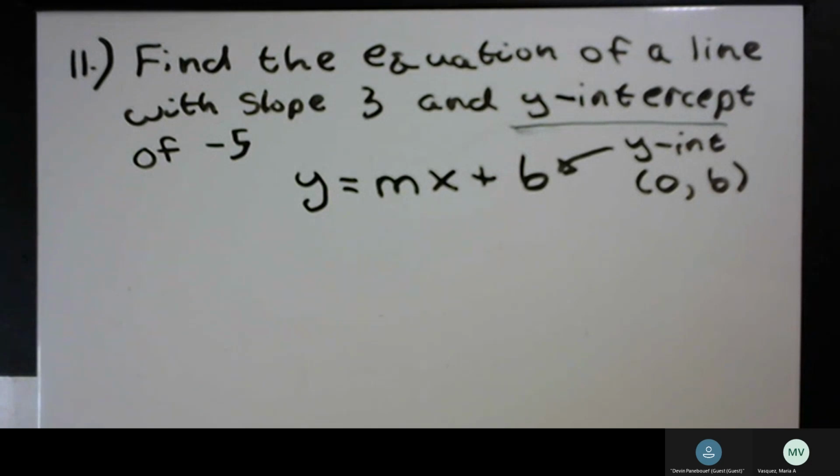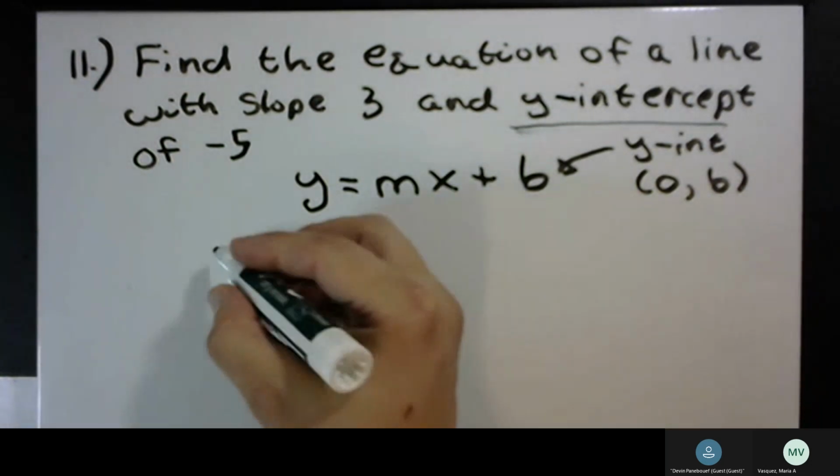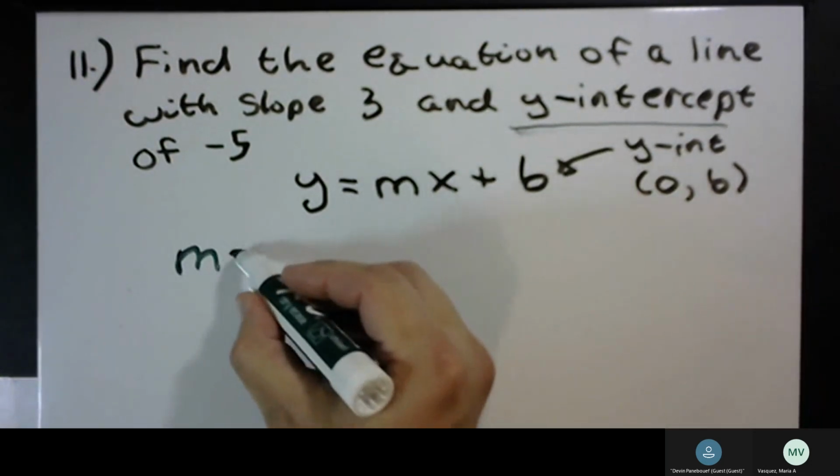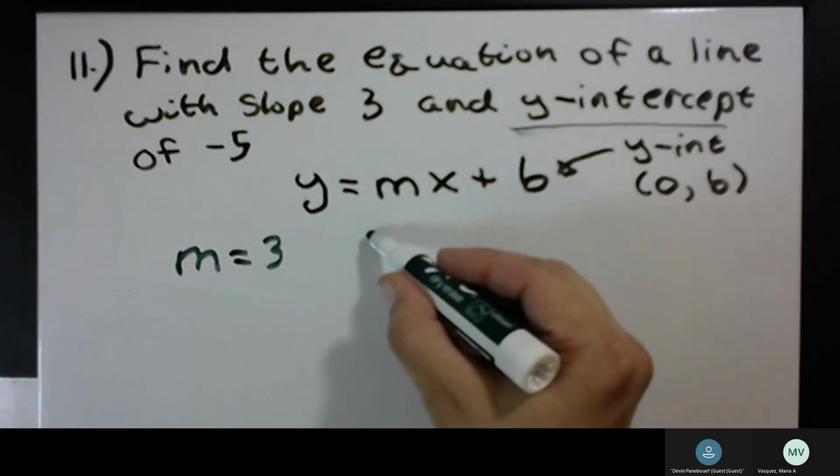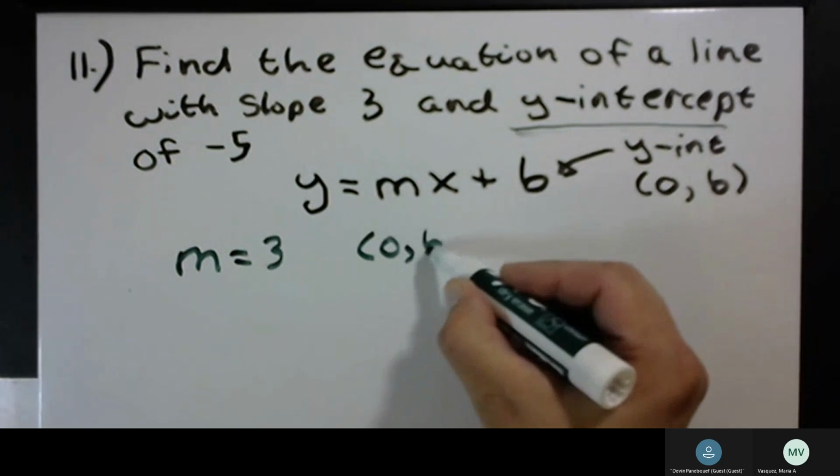Now, an x-intercept will always be a, comma, 0. And there's no formula using the x-intercept. For the x-intercept, you'll have to use the point slope formula. Now for this one, the slope is 3, so that means m is 3. The y-intercept is -5.